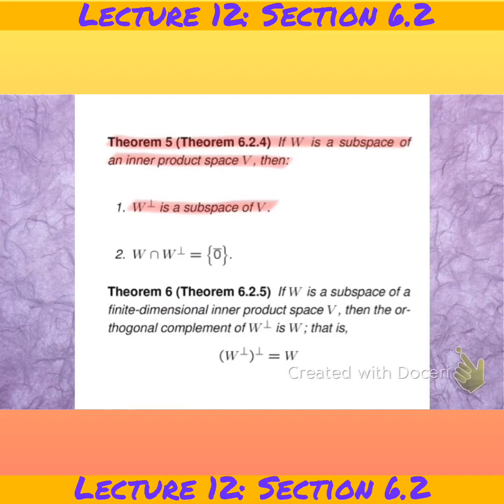The inner product space V is also a vector space, so you've got your normal addition and scalar multiplication operations, and the axioms for the inner product. Again, if you've got a vector u and v, and you take a scalar multiple of u, is that going to be in the orthogonal complement of W?